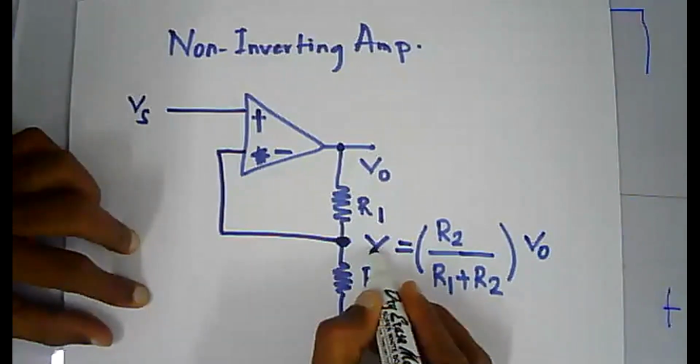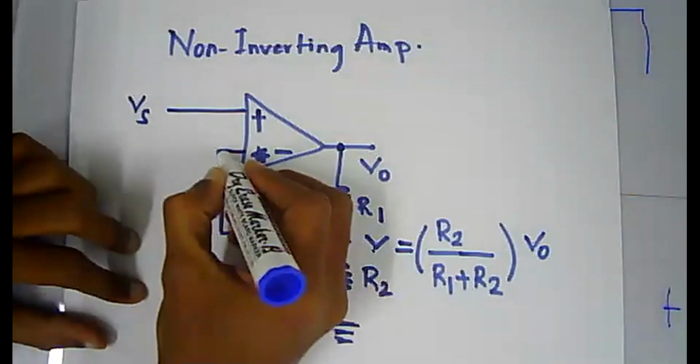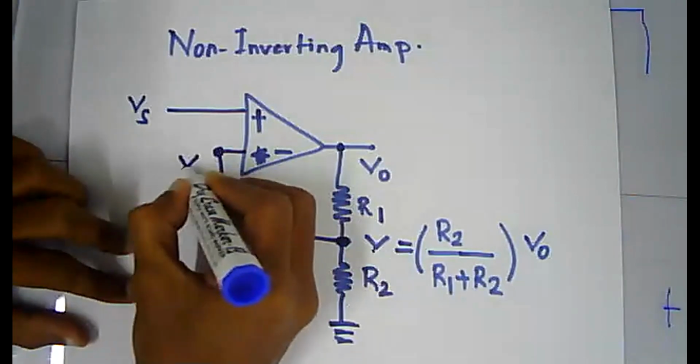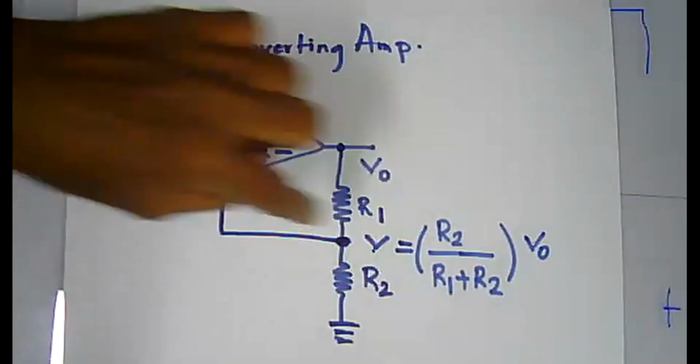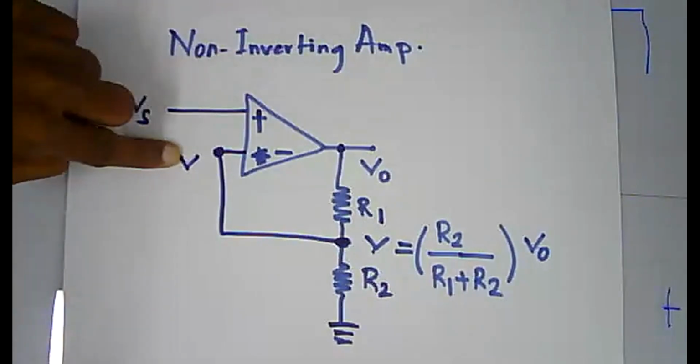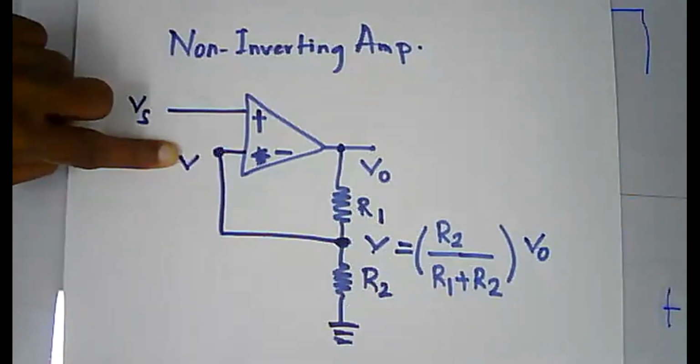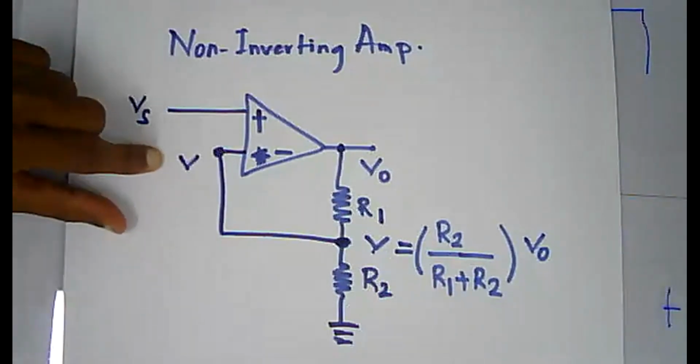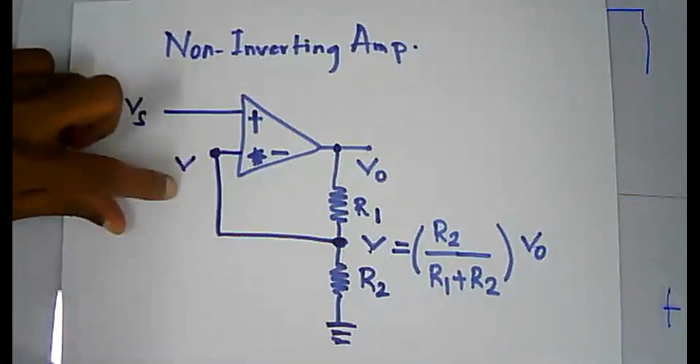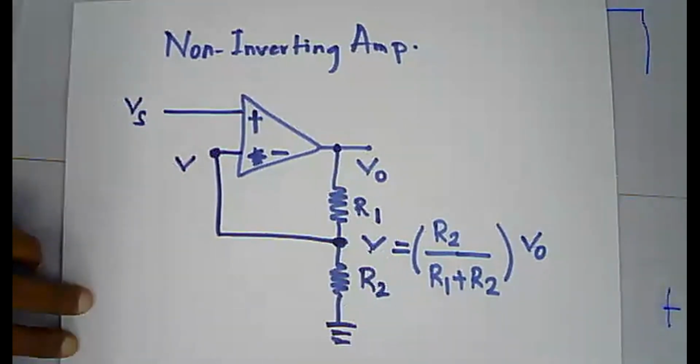The voltage at this point will also be V, since it is short circuited. Using golden rule 1, the voltage at these two points must be equal, right?